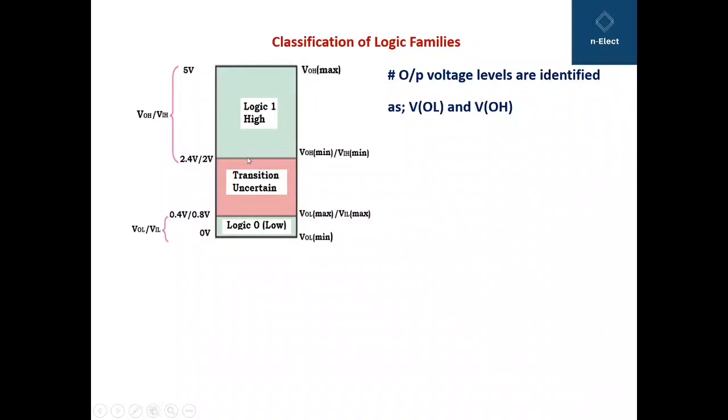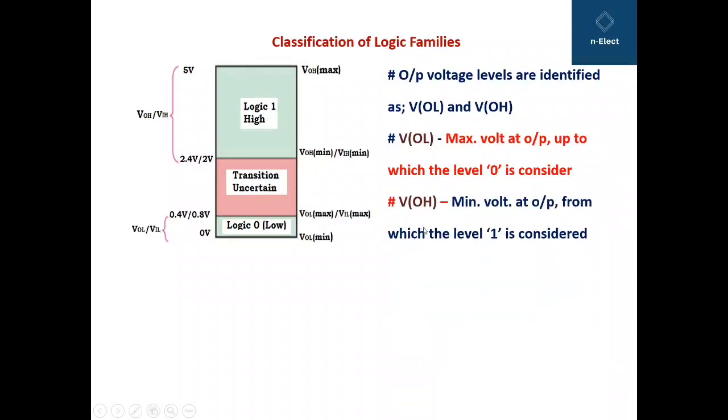And within the transition or uncertain state, you can see the two levels associated, VOL and VOH. Now what is VOL? VOL is the maximum voltage at the output up to which level 0 is considered, while VOH is the minimum voltage at the output from which level 1 is considered.